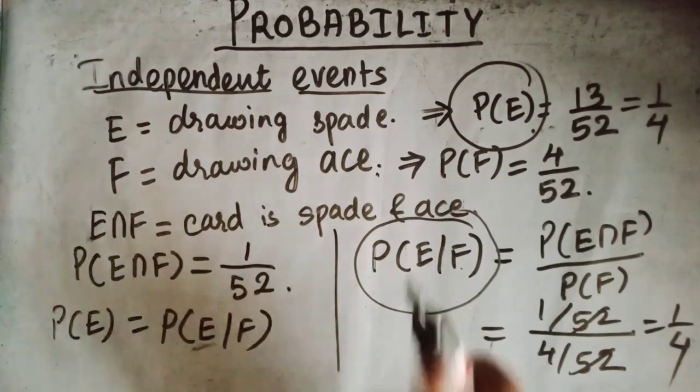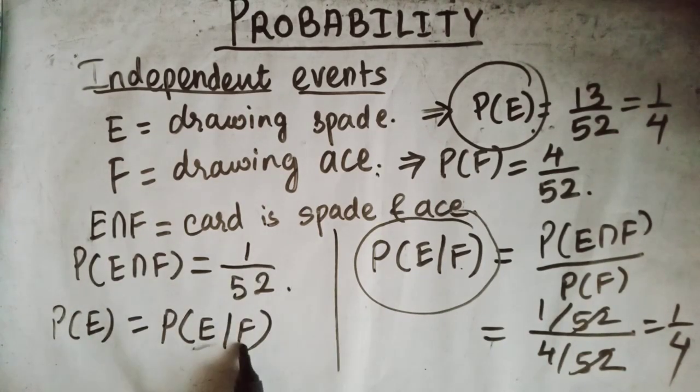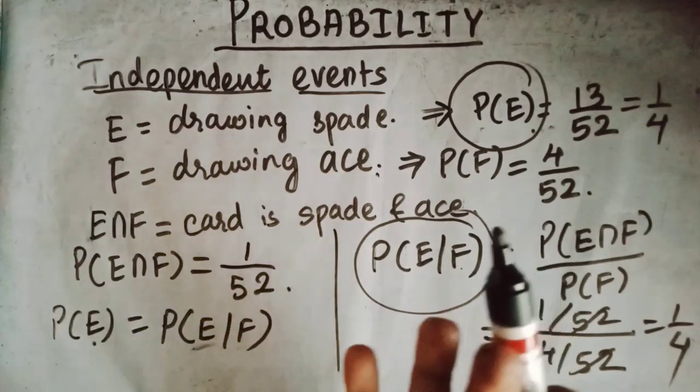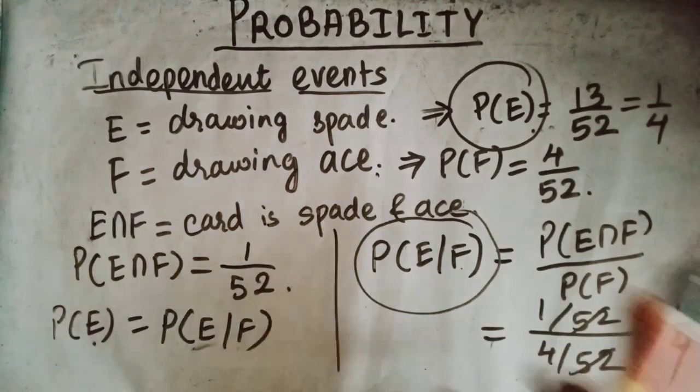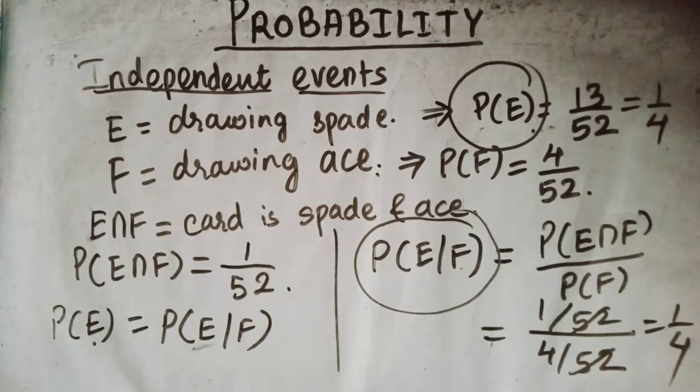So we can conclude that event F has nothing to do with event E. So both events become independent events, meaning if we take them independently also we'll get the same probability. So this type of events are called independent events.